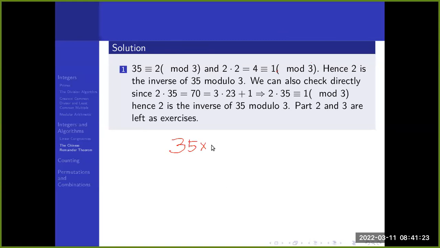So 35x times 2 rather is equal to 70, right?